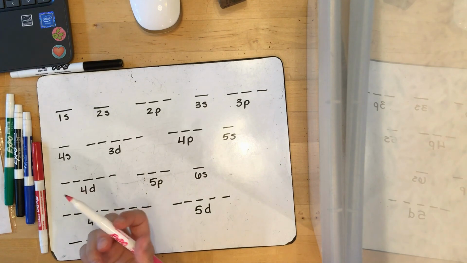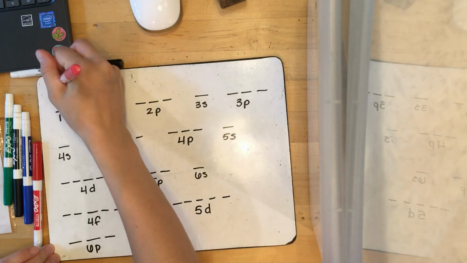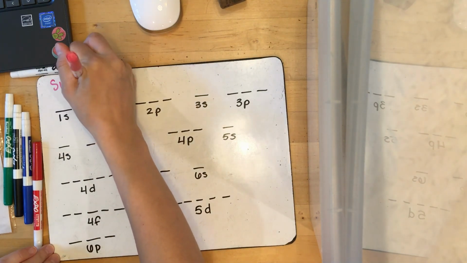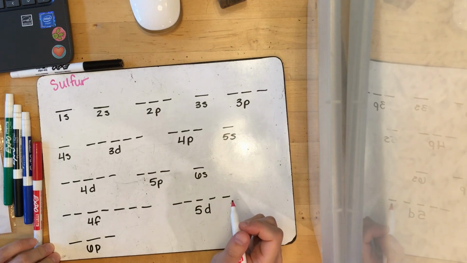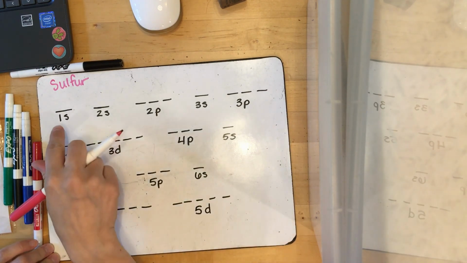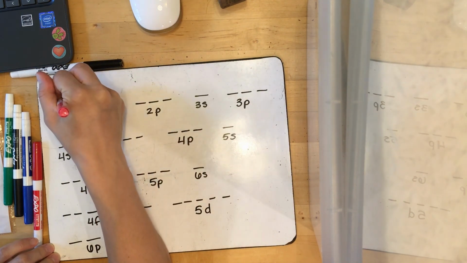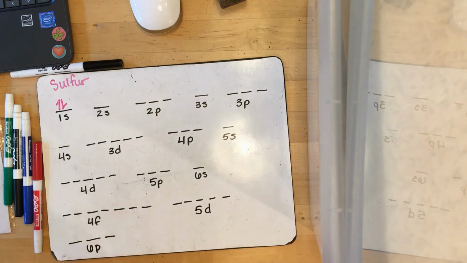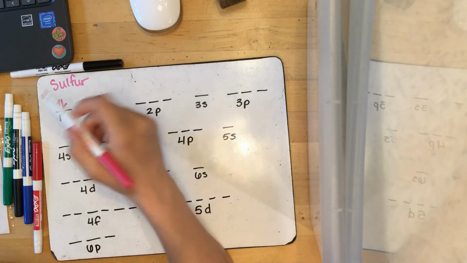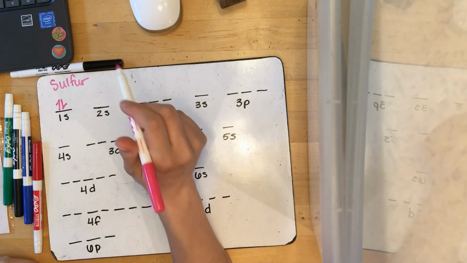So again, let's take a look at sulfur. So we just did the electron configuration for sulfur. We started at 1s, and there were 2 electrons in 1s. So we have one that's spinning up and one that's spinning down. You can think of that as clockwise and counterclockwise, positive or negative, whatever, but they just have to be opposite spins.